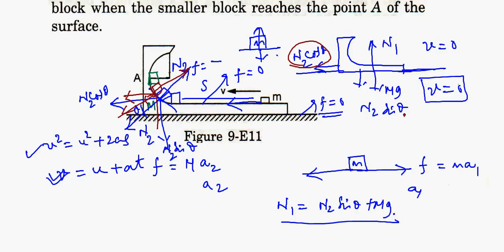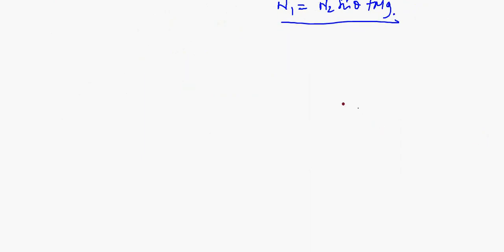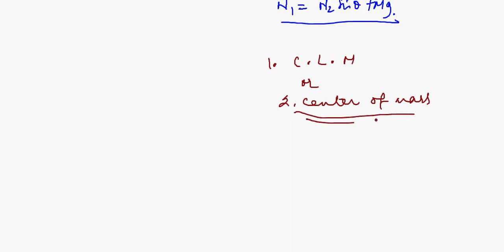When the forces are not clearly known or are changing, the tool available to us to solve the problem is conservation of linear momentum or center of mass. And for both of these, we require a system.